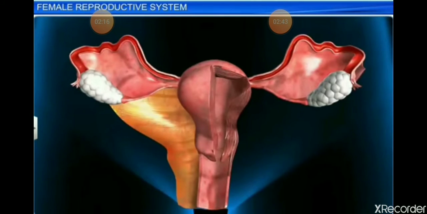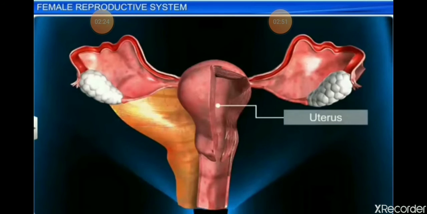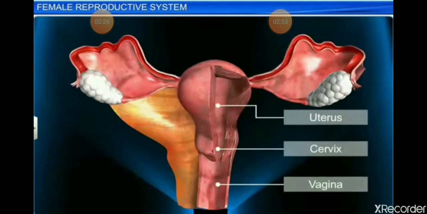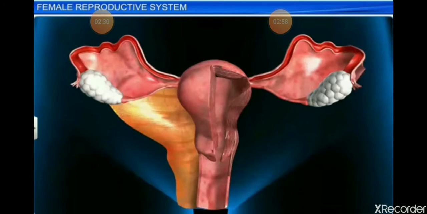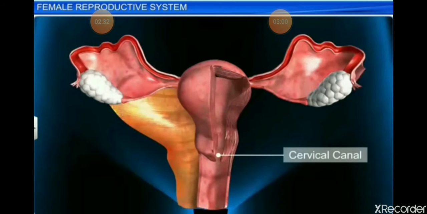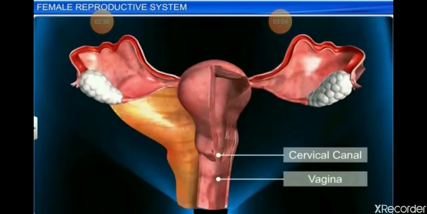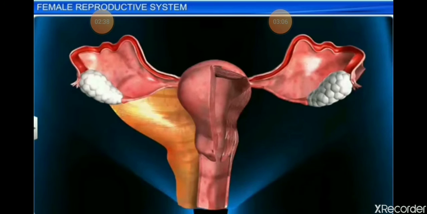The uterus is connected through the cervix to the vagina, and this is the mesometrium, the ligament that attaches it to the pelvic wall. The cavity inside the cervix is the cervical canal, which is connected to the vagina. Together they form the birth canal.